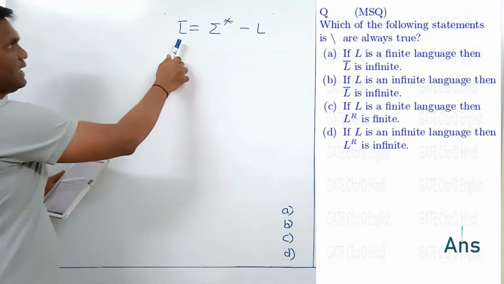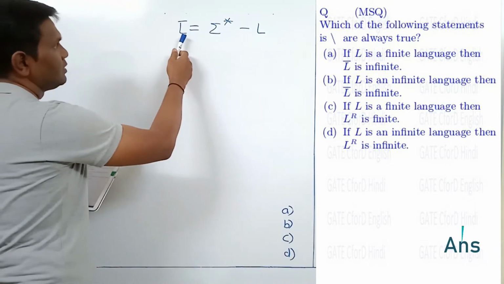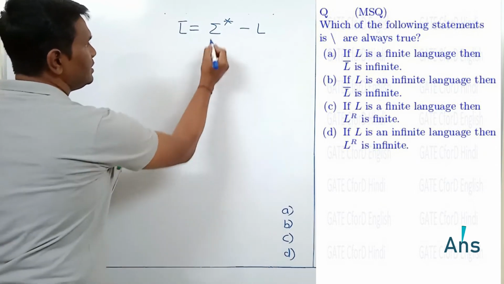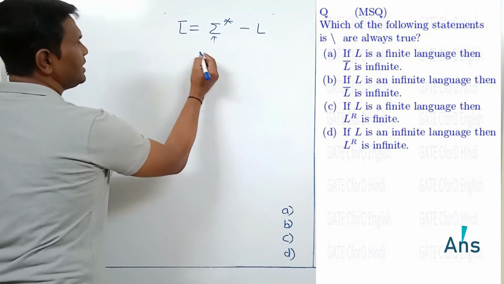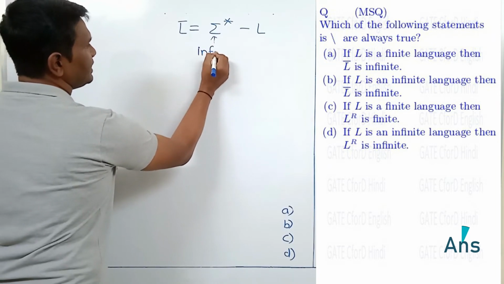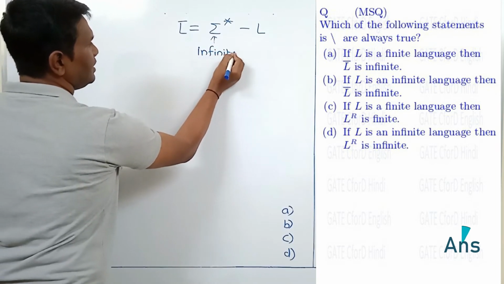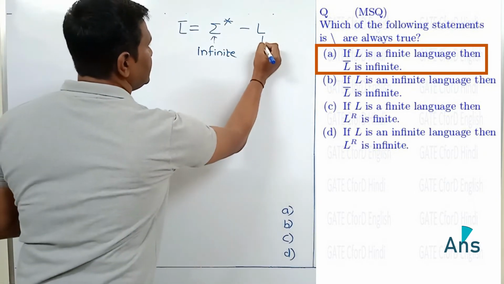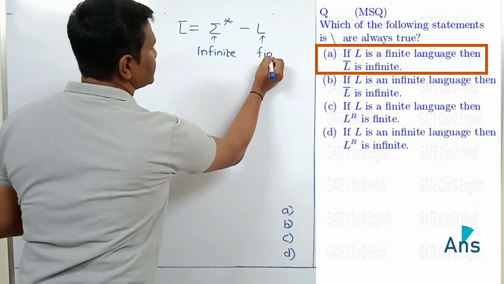Now complement of the language is calculated like this. Complement of language L is sigma star minus L. Now sigma star for any alphabet is always infinite. And according to option A, language L is given as finite language.